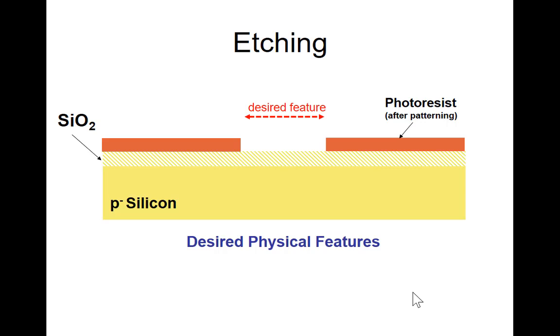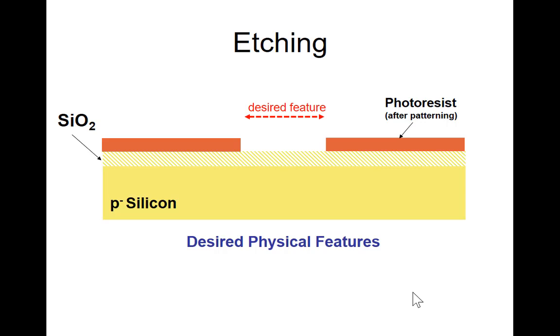We said there are two types of photoresist. One type is where the exposed part becomes soft and you can take it away. The other type is where the exposed part becomes hardened and stays there. If the target area is what you want to protect, then you use the second type. If the target area is what you want to expose, then you want the first type.